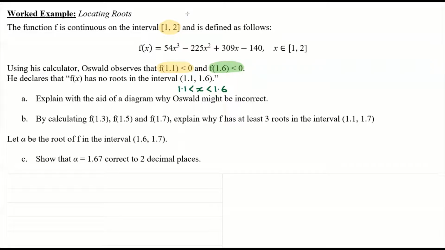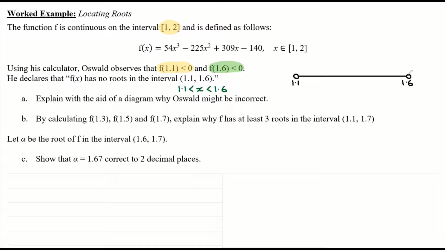So let's draw an x-axis, or an interval on the x-axis, and we'll call the interval 1.1 up to 1.6. So we've got 1.1 here, 1.6 here. Neither of them included. If you want to, you could put the hollowed out circle at either side, just to show that they're not included.